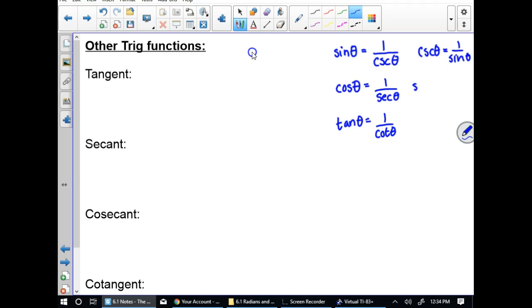And secant of theta is 1 over cosine theta. And cotangent of theta is 1 over tangent of theta. So those are what we call the reciprocal identities.